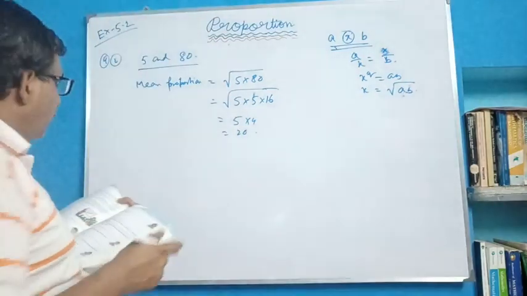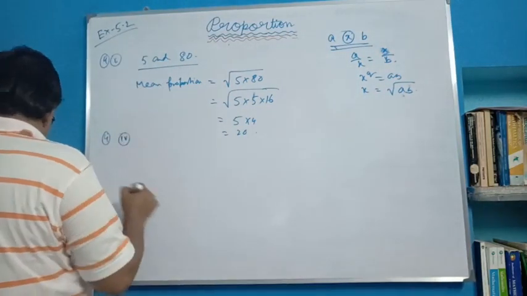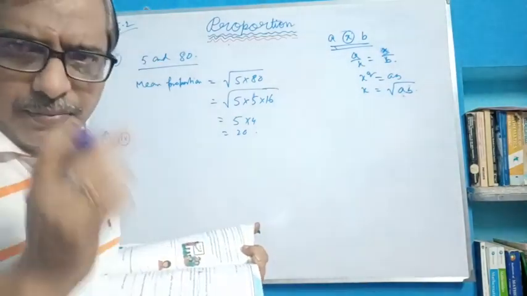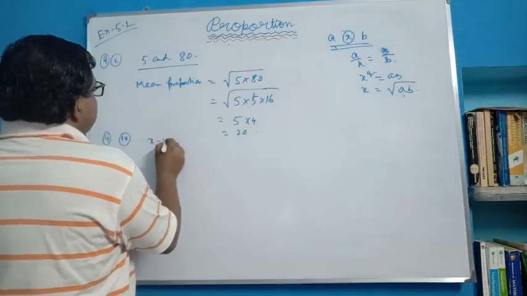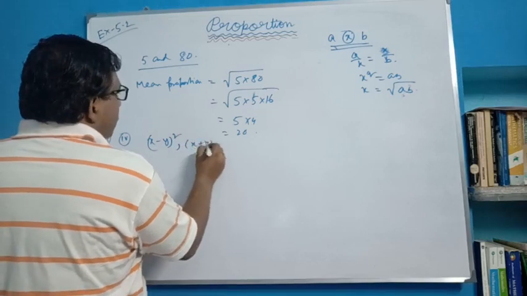Next, 4, 4. Find the mean proportion of x minus y whole square and x plus y whole square.